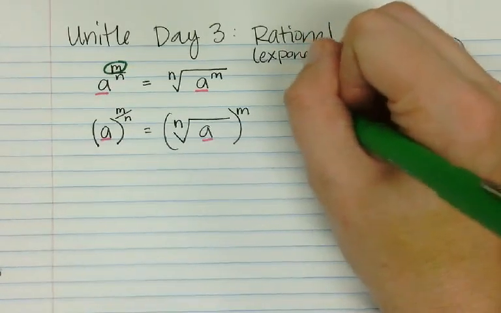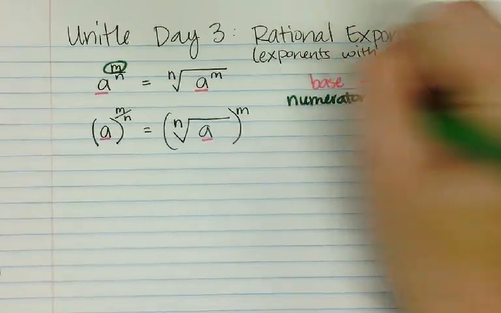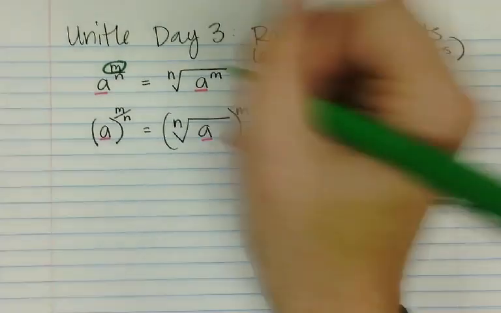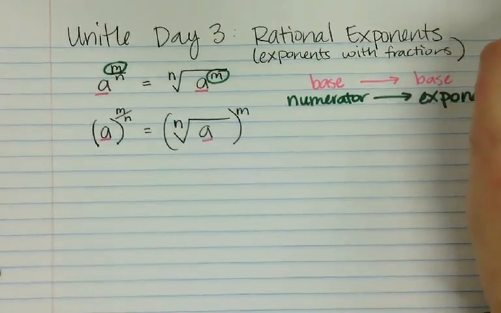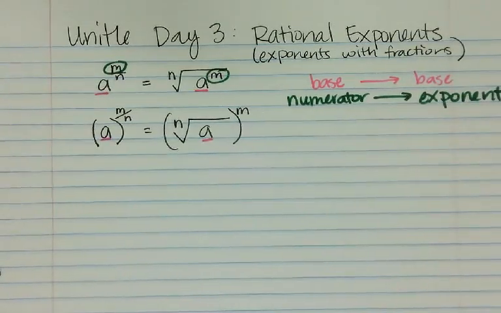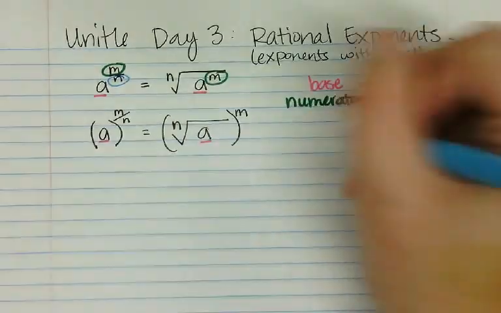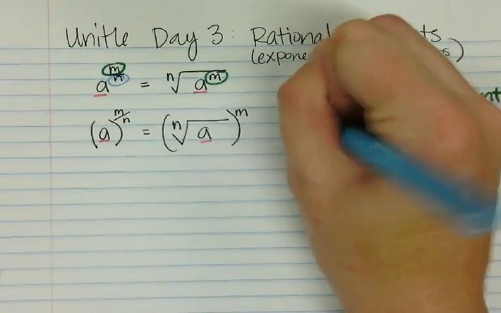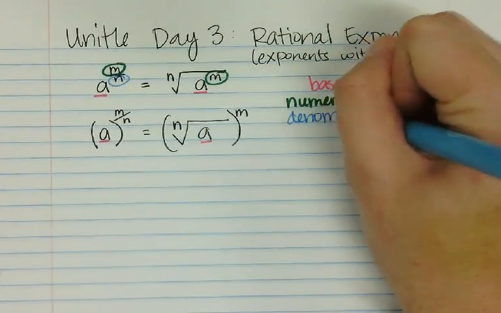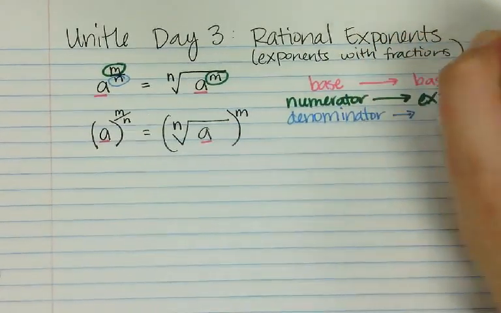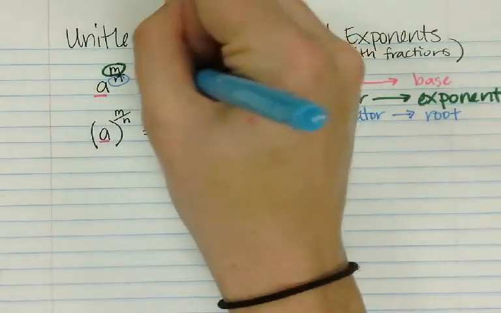So guys, my numerator becomes the exponent on this guy right here. All right, guys, so your numerator becomes your exponent. And then, guys, your denominator, the n down here, becomes your root. All right, the number on the outside.